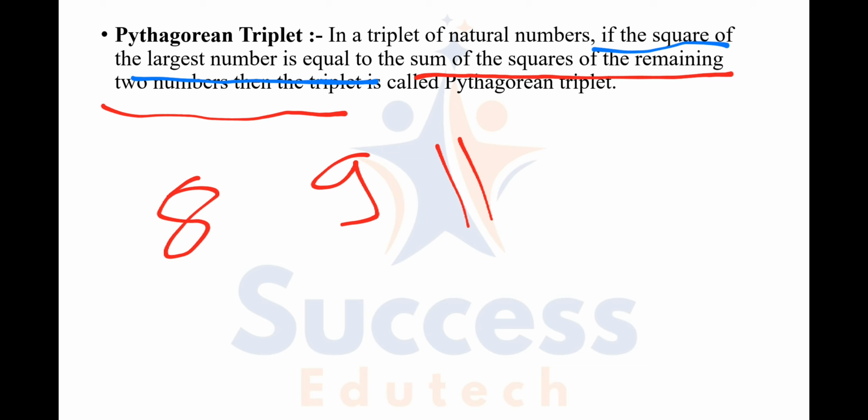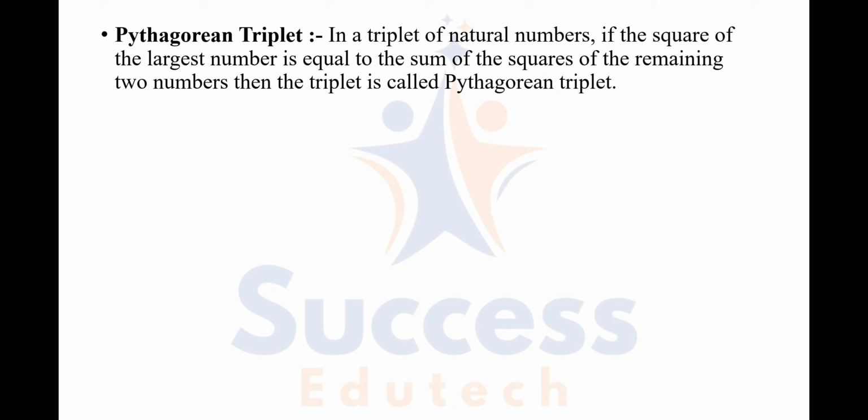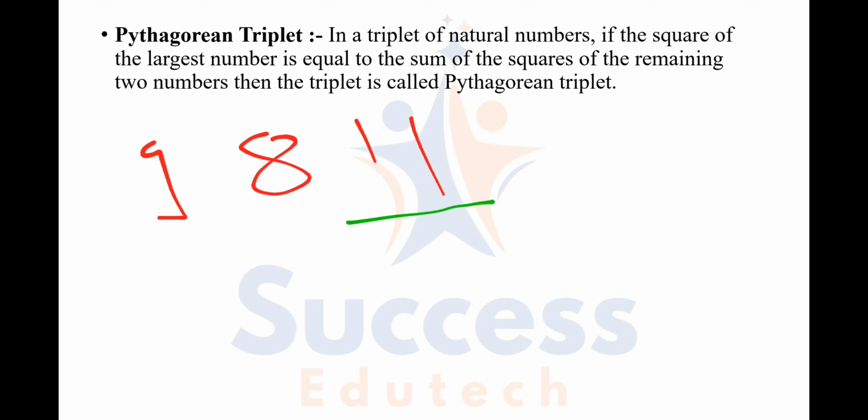So, the square of the largest number. Here 11 is my largest number, so I am making the square of 11.